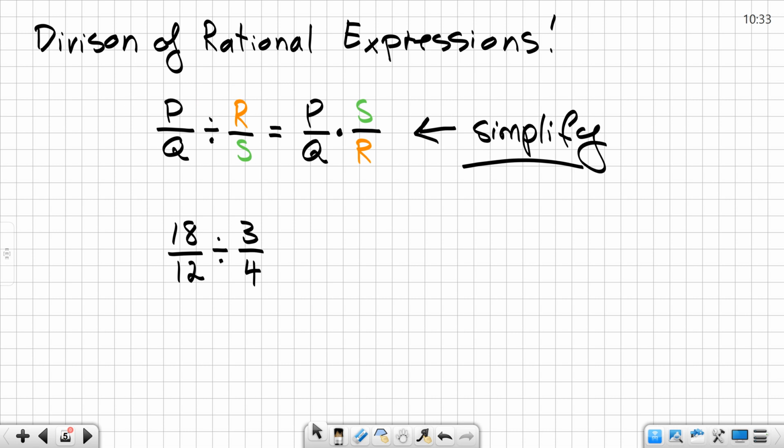Division. If we are dividing rational expressions, then with algebra we always have these letters.